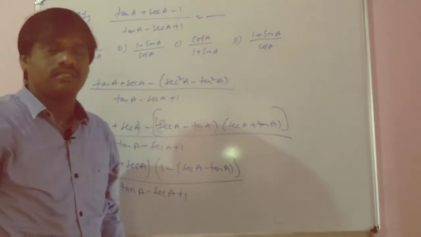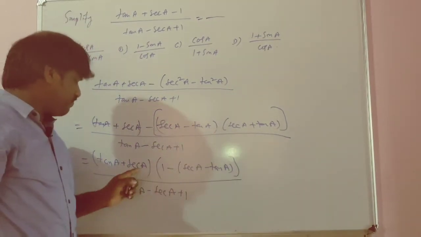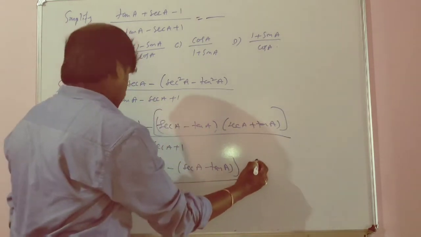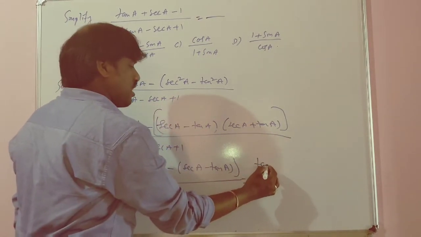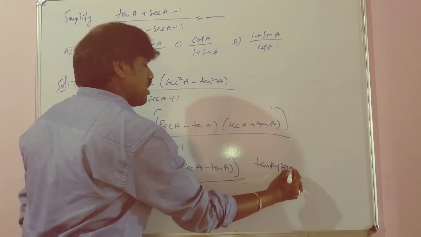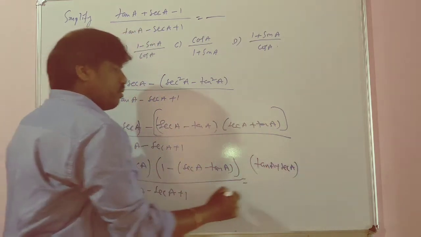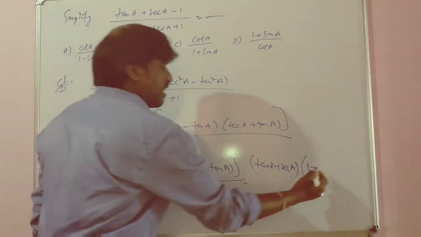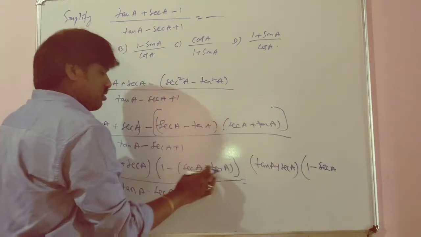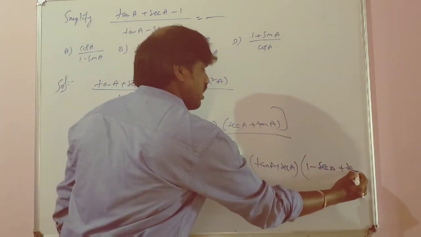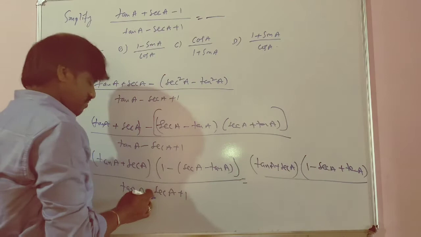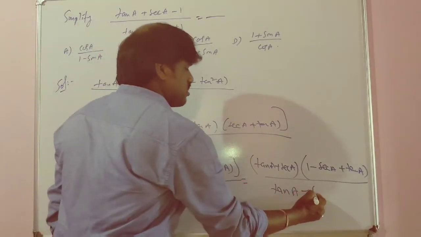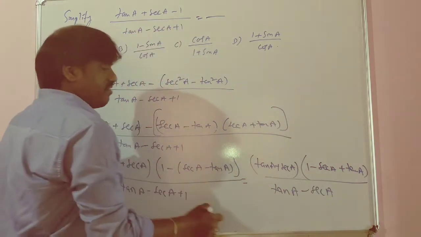Hope you understand this. Now I will open this bracket. If I open it, I get tan A plus sec A into (1 minus sec A, and minus into minus plus tan A), divided by tan A minus sec A plus 1.